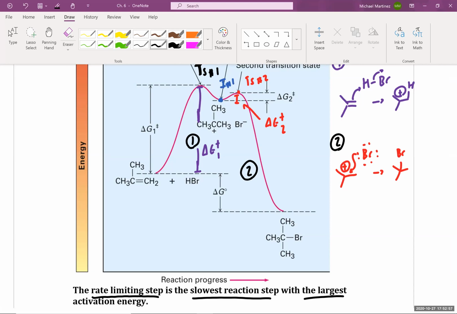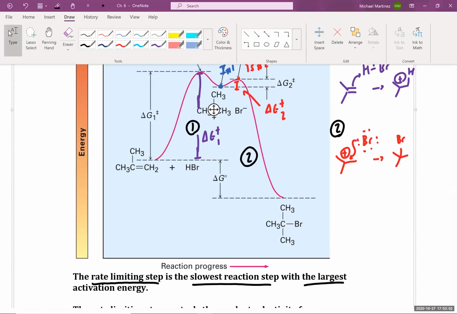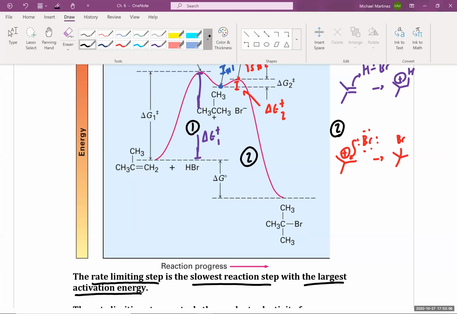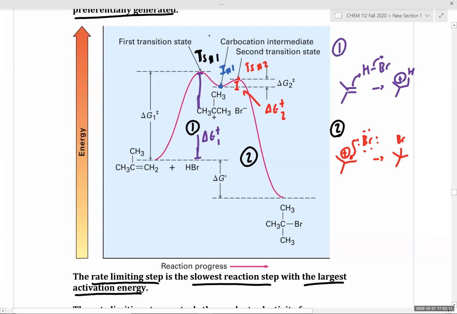So in this case, in this multi-step reaction, which step would be our rate limiting step? Which step has our largest activation energy? Which step is our slowest step in this reaction? Step 1 or step 2? Which step has the largest activation energy? The largest difference in energy between our reactant or intermediate and our transition state? Step 1, yep, exactly right.